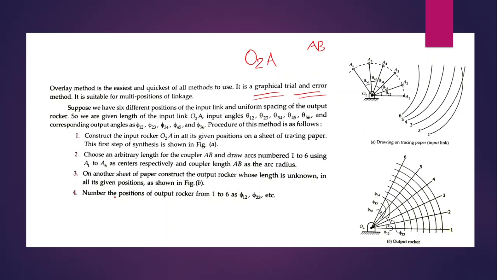Then number the positions of the output rocker from 1 to 6 as phi 12, phi 23, phi 34, phi 45, phi 56, etc.